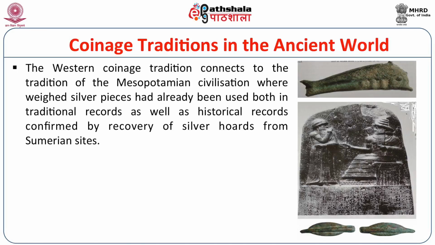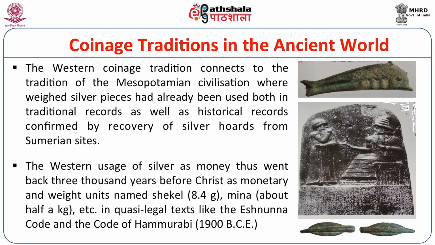It connects to the earlier period of Mesopotamian civilization itself, where weighed silver pieces were known, and there are traditional records as well as historical records confirmed by the recovery of silver hoards from various Sumerian sites. The Western usage of silver thus went back to 3000 years before Christ, used as a monetary unit, with terms such as shekel and mina.